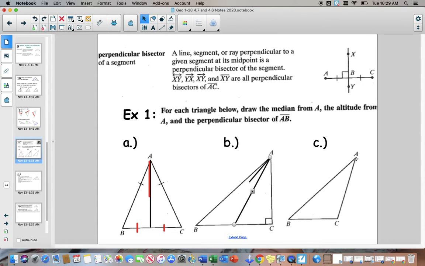If we draw our line down to there, but if we're going to draw the altitude from A, that is going to be outside.